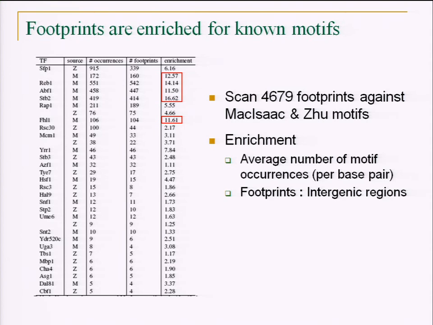Actually, we want to measure the enrichment of the motif. We calculate the average number of motif occurrences in footprints, and compare it against negative controls of these sequences, and use this as our measurement.